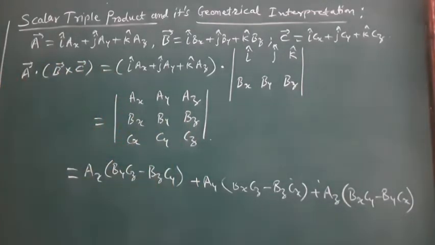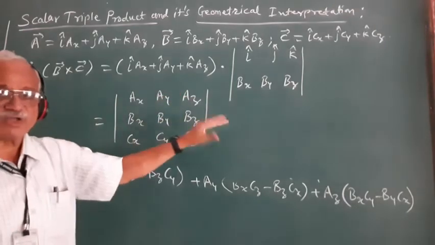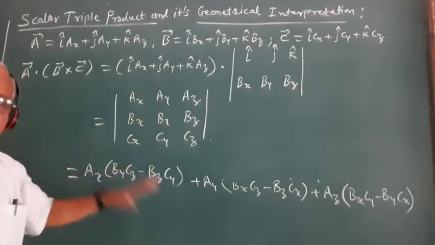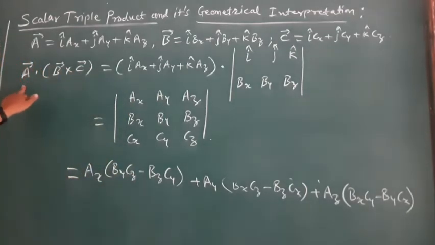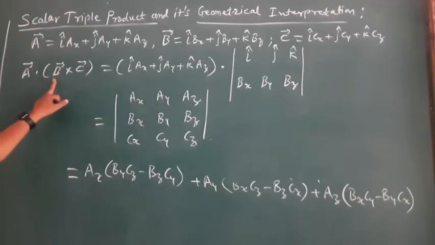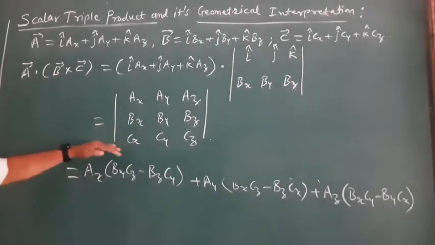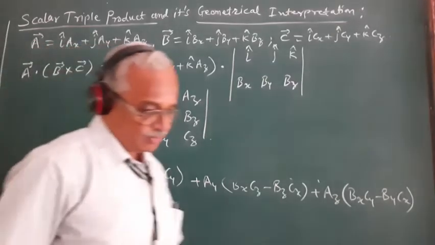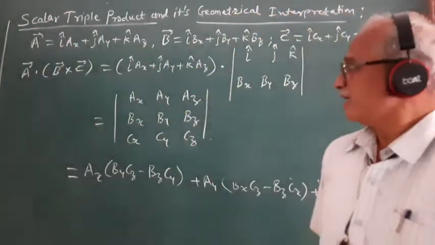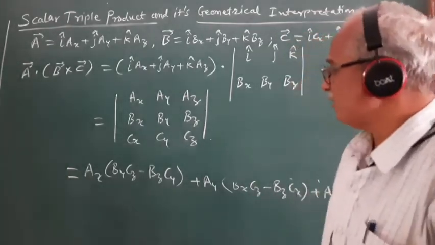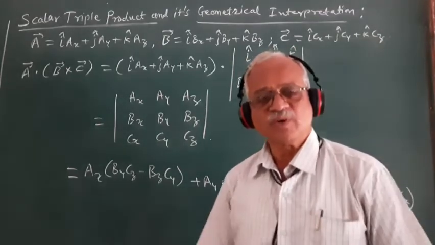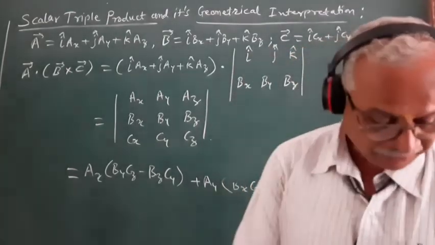So the scalar product of the three vectors a bar, b bar and c bar is nothing but the determinant of the components of the three vectors in the product. The first row is the components of the first vector, the second row is the components of the second vector, and the third row is the components of the third vector in the product. So this is how we can evaluate the scalar product of the three given vectors a bar, b bar and c bar in terms of their rectangular components.